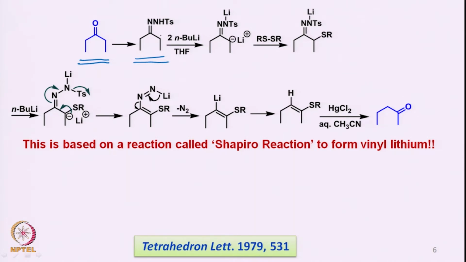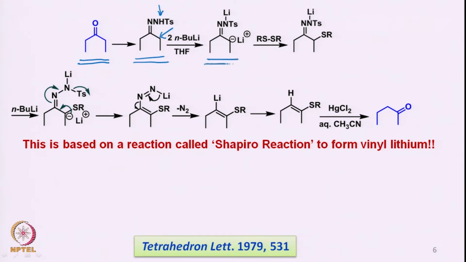You will first deprotonate the hydrogen attached to the nitrogen, and then deprotonate the hydrogen at the alpha position with the second butyl lithium.